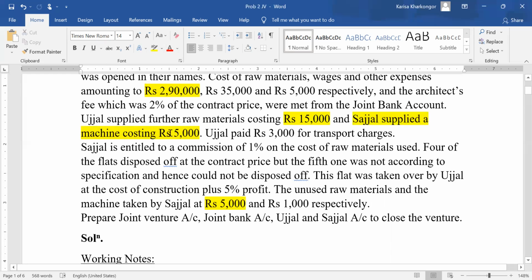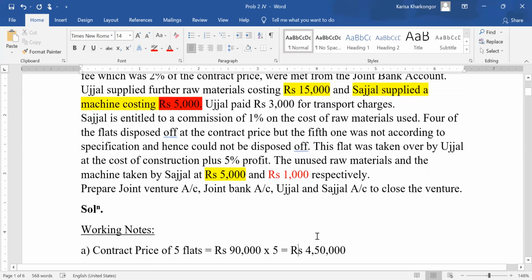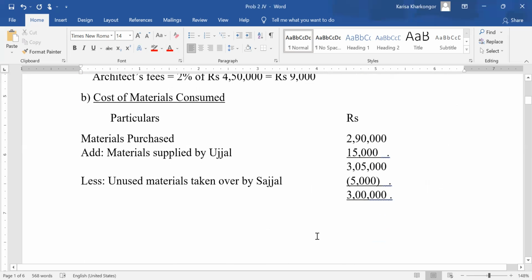So in the beginning of the joint venture, the machine cost rupees 5,000. But at the end of the venture, the machine taken by Sajal cost rupees 1,000. That means the machine has been depreciated over the time period of the joint venture. So depreciation of the machine.